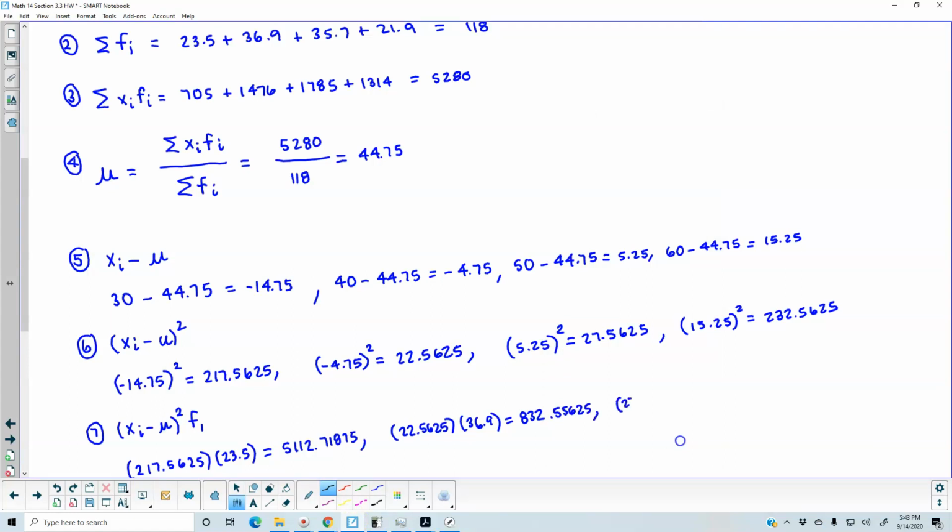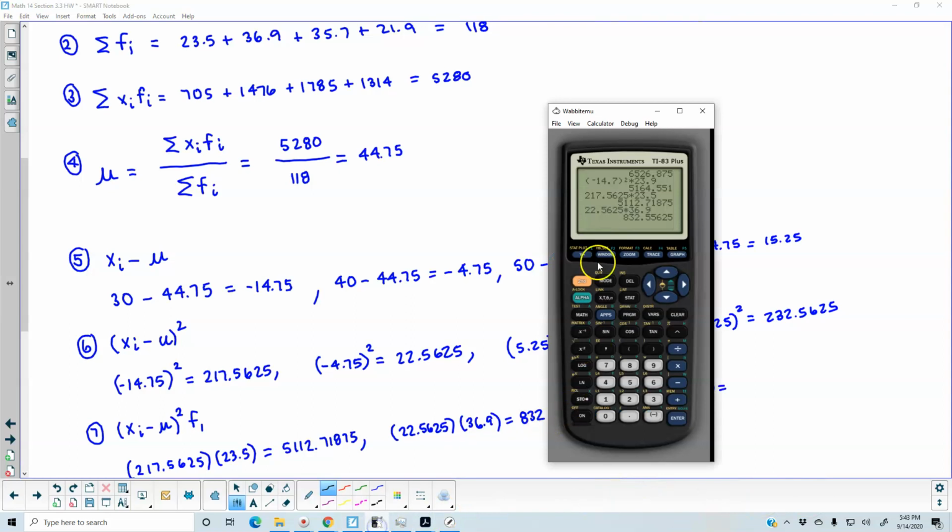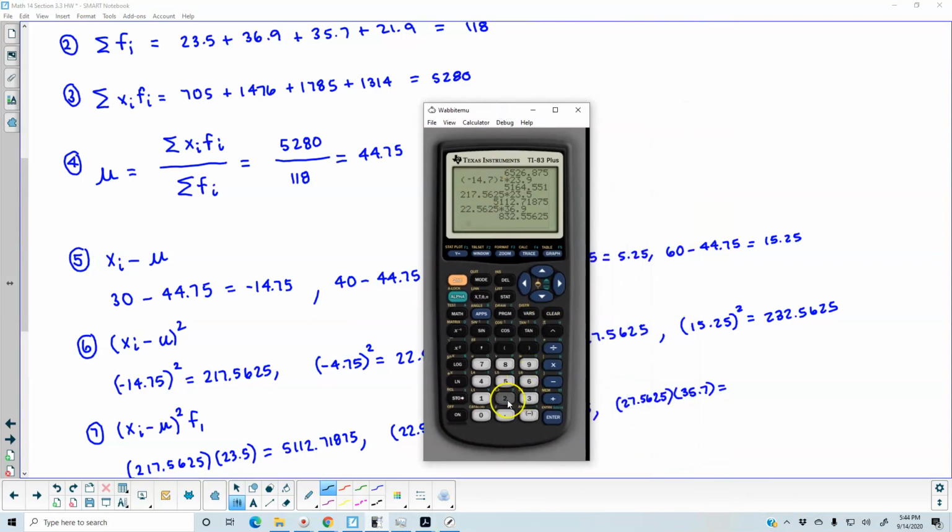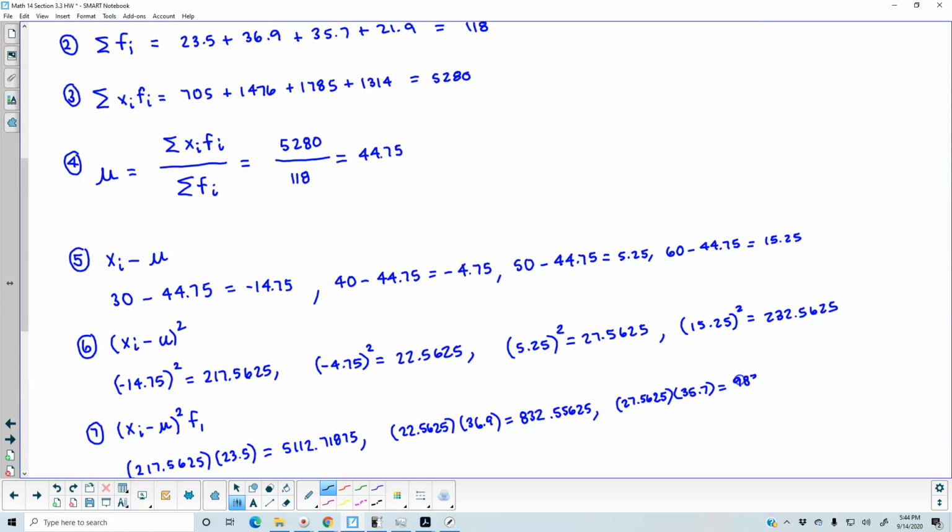And then we're going to take 27.5625 and multiply that by the third frequency, which is 35.7. So we have 983.98125.